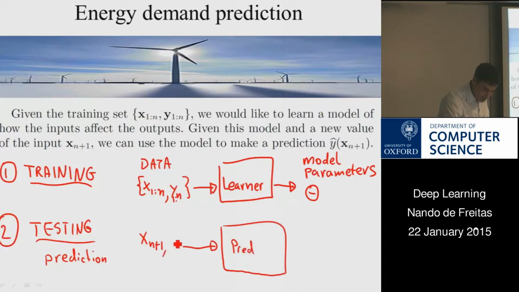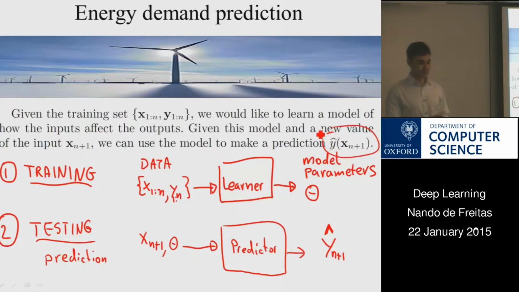The new data point and the learned parameters go into the predictor, and they generate a prediction. And I'm going to put a hat to indicate a prediction. So the hat denotes prediction, and it's the prediction for that point, which I will write like this, or write as a function of the input. So I could write it like that as well.